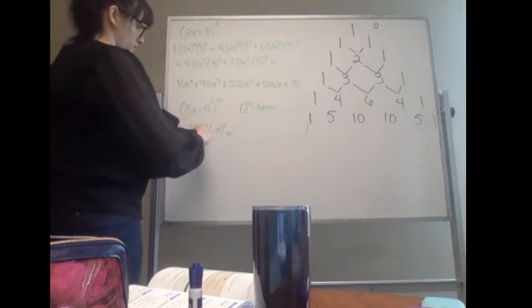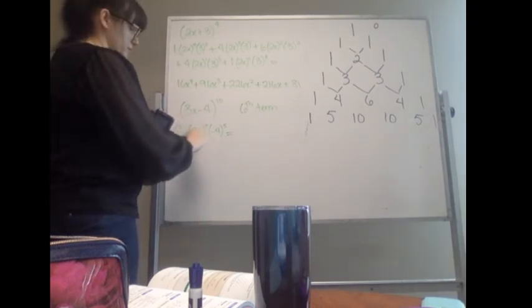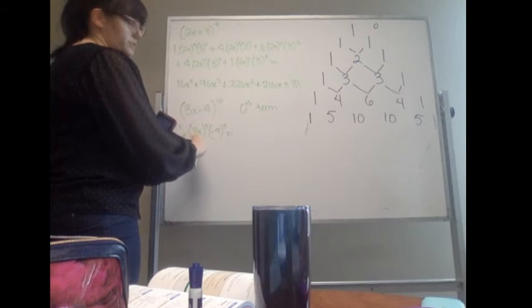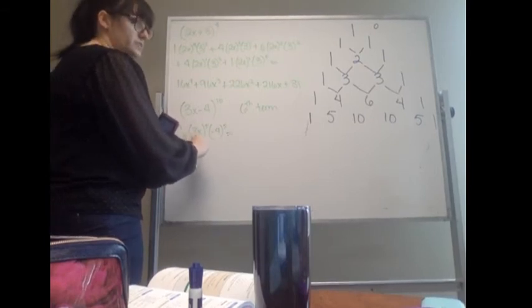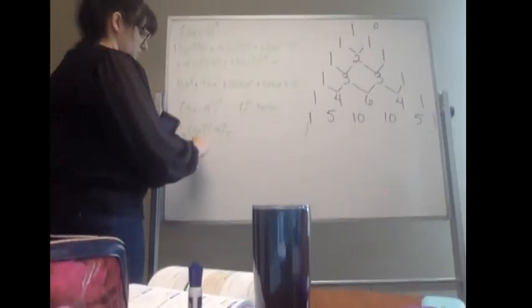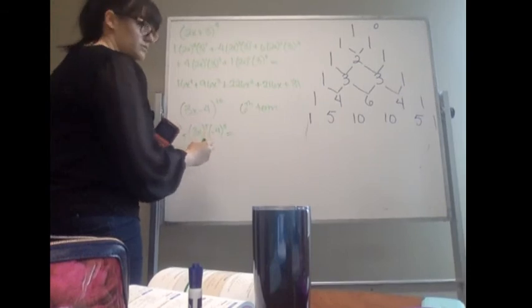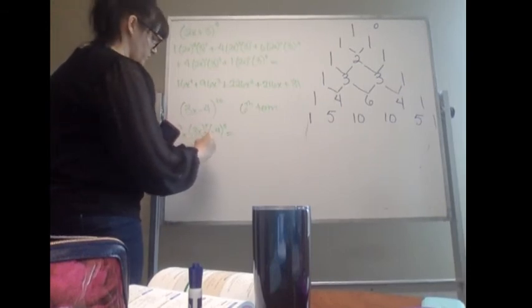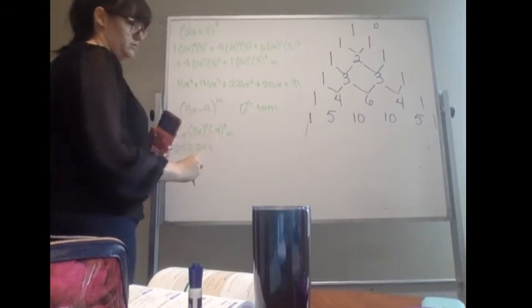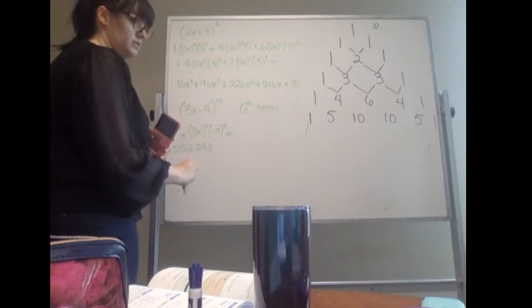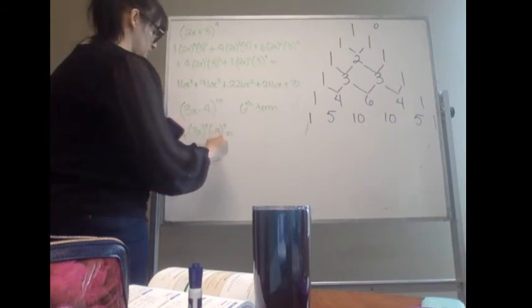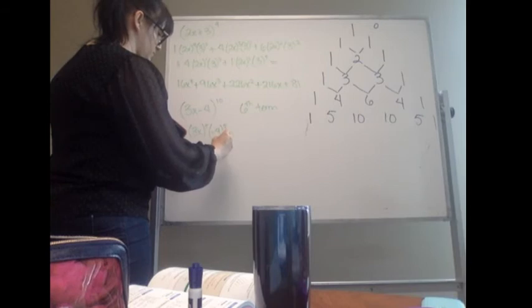Now, remember the exponent applies to both terms in here. So that's going to simplify to 3 to the 5th times x to the 5th. So 3 to the 5th is 243, times x to the 5th.